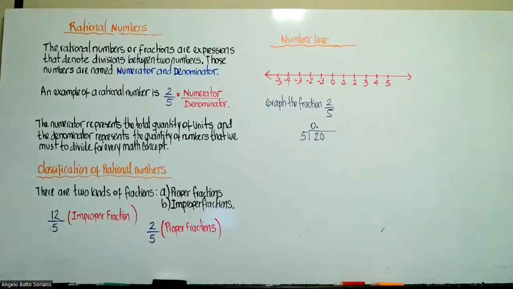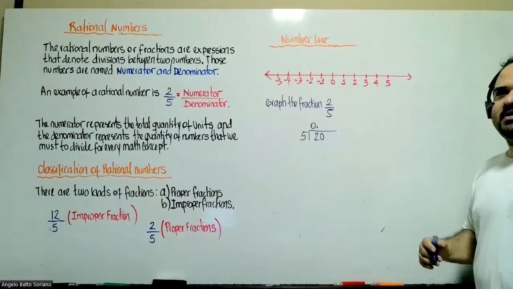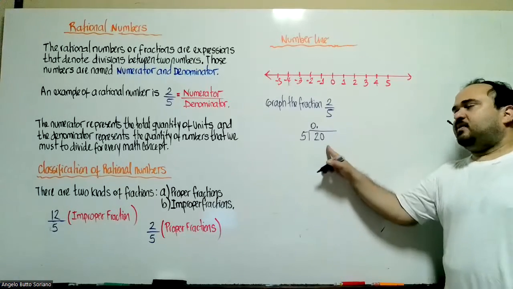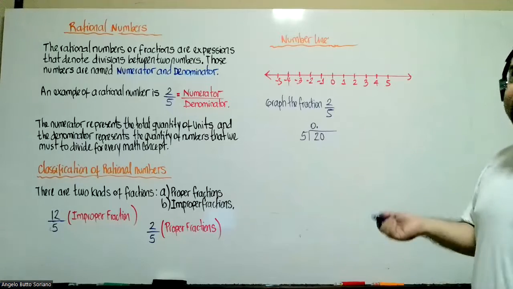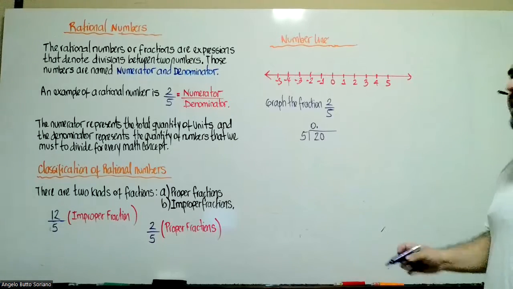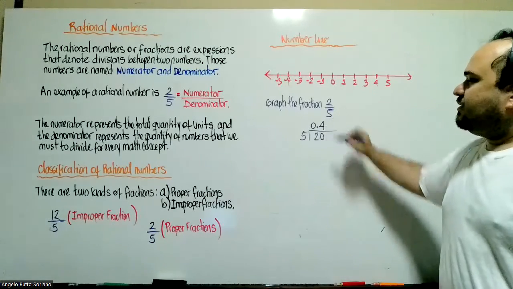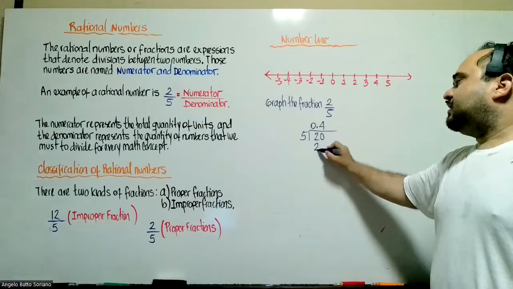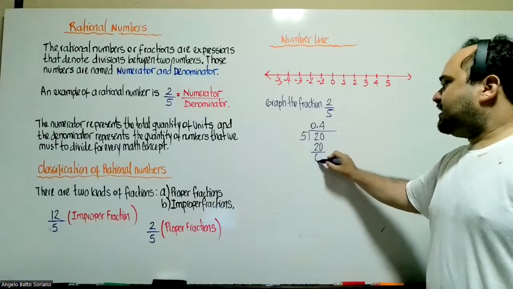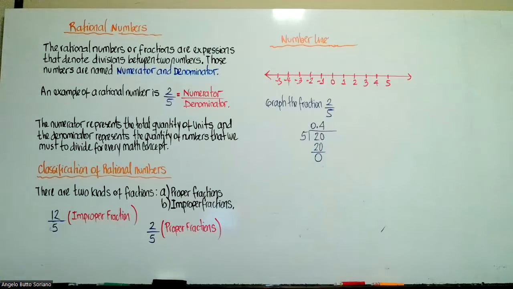Now we can divide 20 by 5. A number multiplied by 5 that reaches 20 is 4. 5 times 4 or 4 times 5 is 20, and the remainder will be 0.